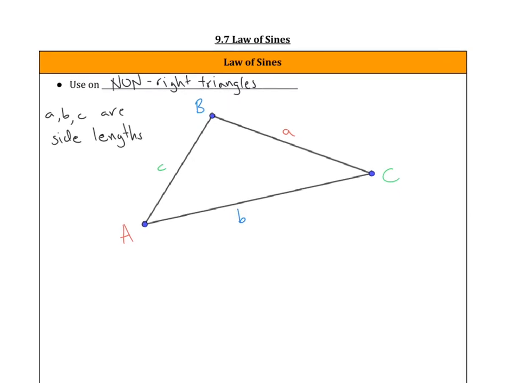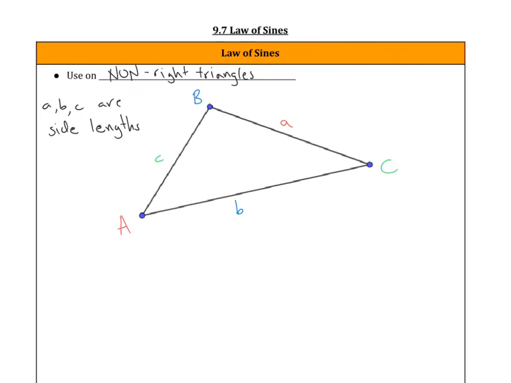Okay, and if we have this triangle, this is the law of sines. We take sine of angle A and divide it by little a, and this is equal to sine of angle B divided by little b, and of course, last but not least, this is equal to sine of angle C divided by little c.